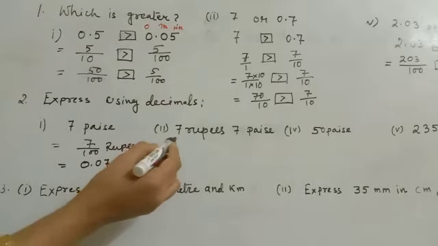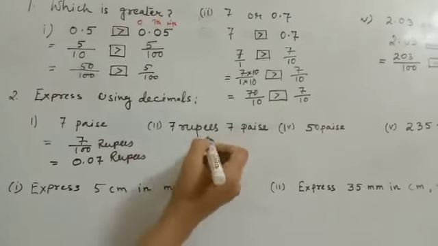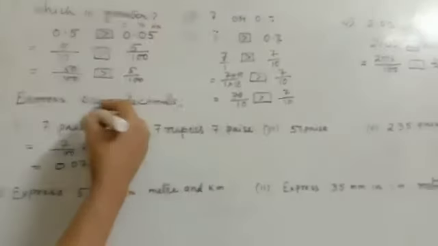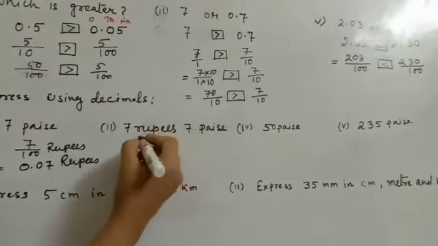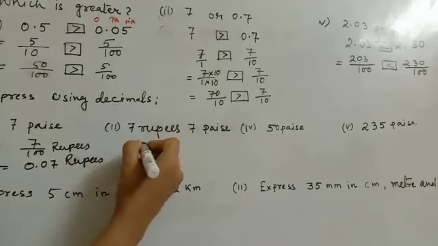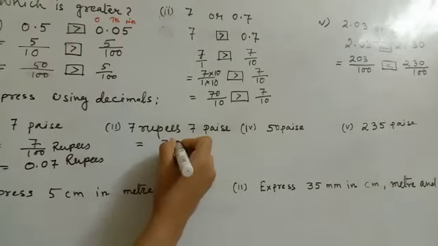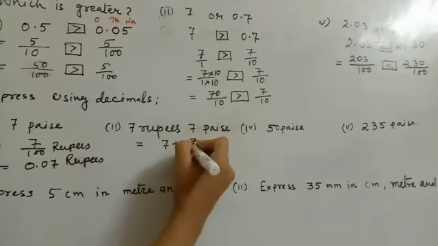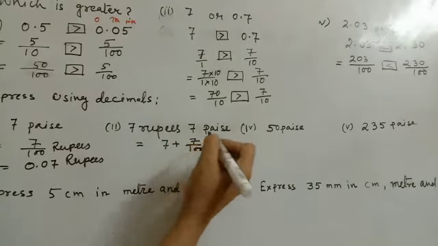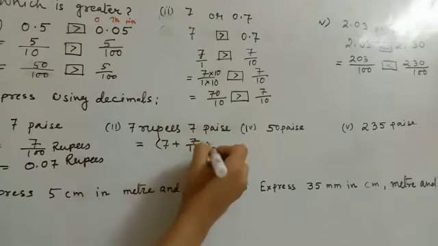Next question is 7 rupees 7 paise. You have to express the number in decimal. So it is 7 rupees, plus 7 paise means 7 by 100, you know. So both are rupees now.